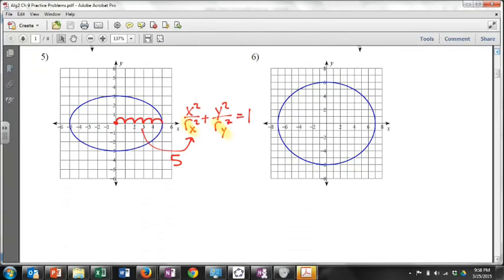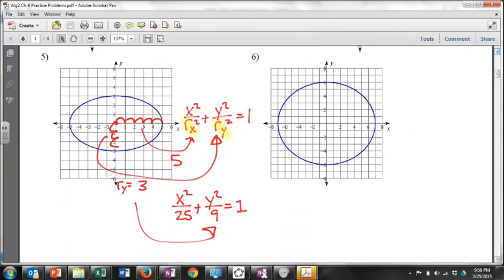So that's 5 there. And 1, 2, 3, that's Ry. So plugging that in, we have x squared over 25 plus y squared over 9 is equal to 1. Because Ry, the radius in the y direction, is 3, when we square that, we get 9. This is our solution for the ellipse.